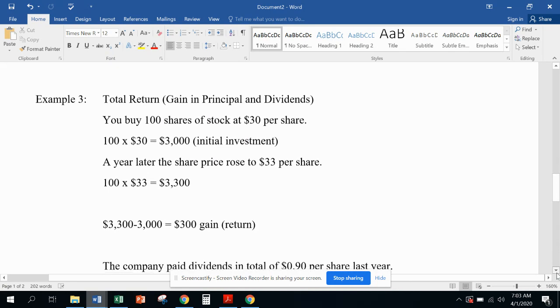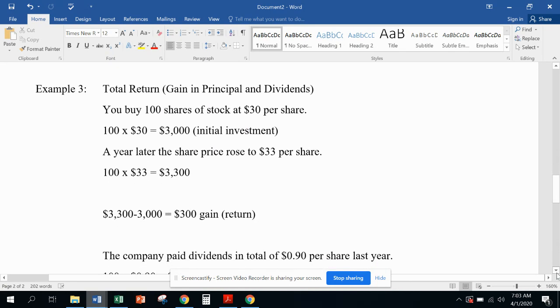So if we go down to our third example, we're going to look for a total return, a gain in principal plus dividends. Okay, so here we're buying 100 shares of stock at $30 per share. So $30 per share times 100 shares, that means our initial investment was $3,000.